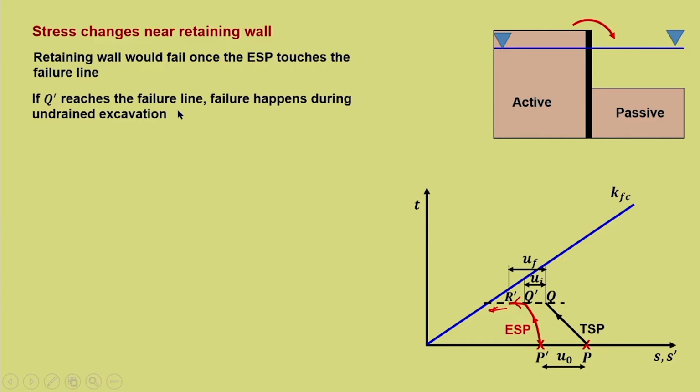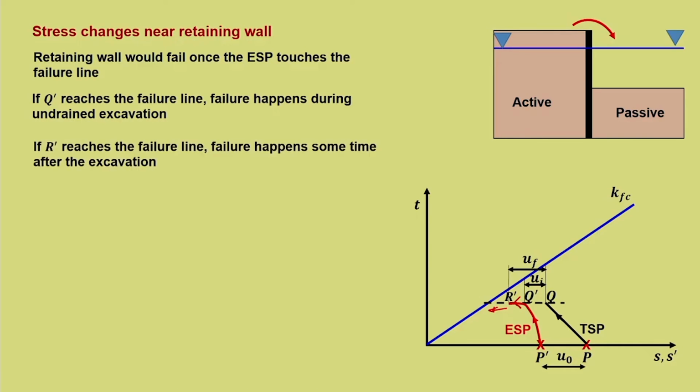If Q dash reaches the failure line, now there is another possibility, that is from P dash to Q dash, it is the construction phase, that is at the end of construction. Now, it can also fail during the construction, that is at the end of construction, when Q dash goes and touches the failure line. So, then we say that the failure happens during undrained excavation. So, it has not started dissipating. So, it fails at the short term undrained condition.